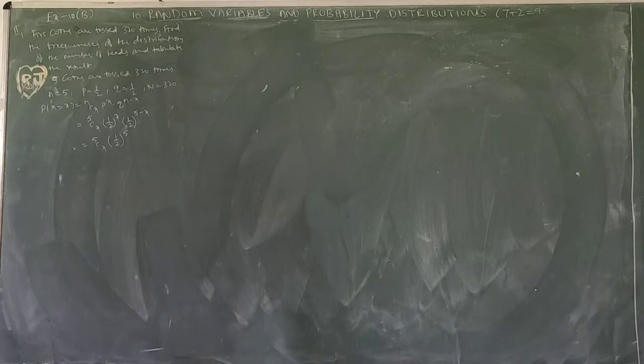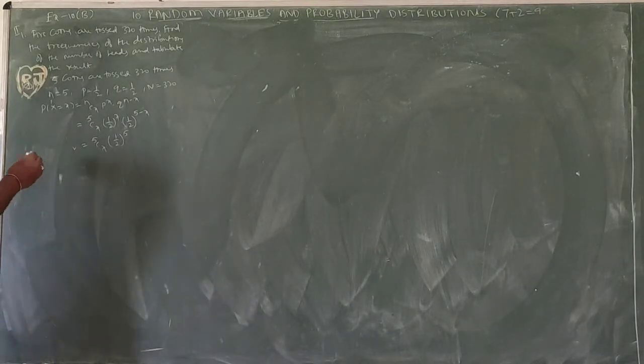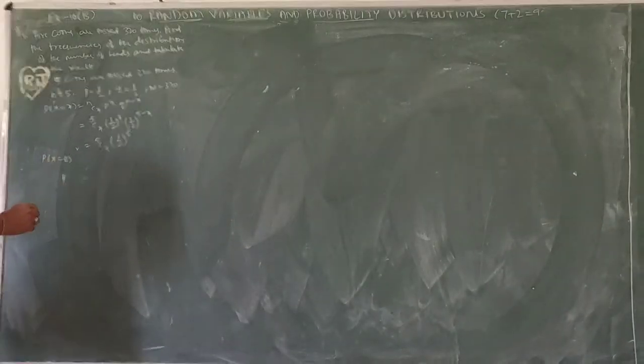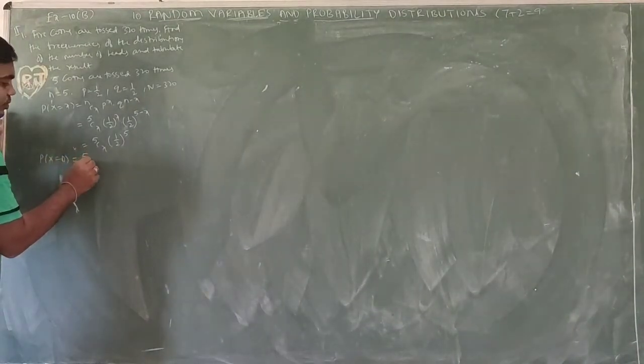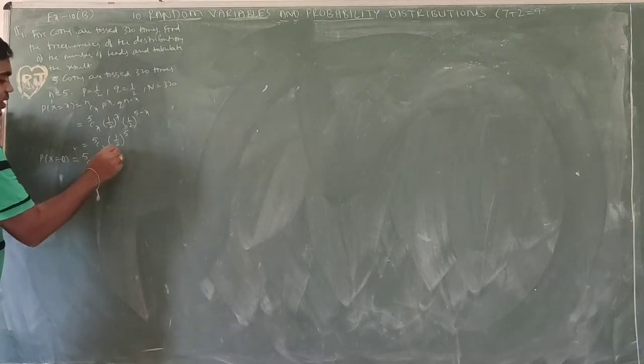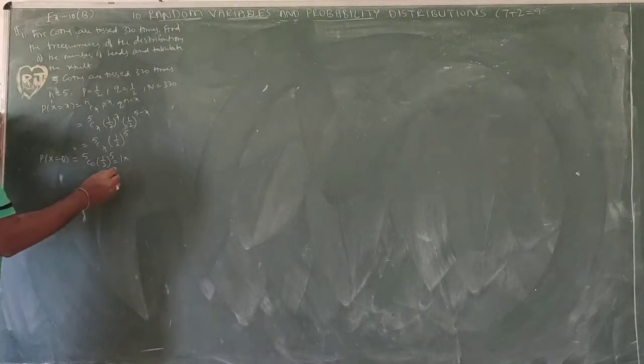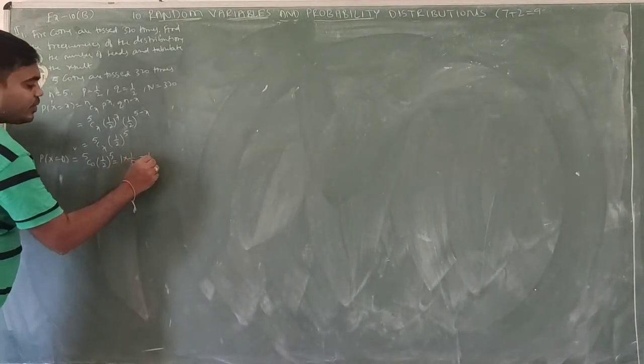Now we need P of x for x equal to 0, starting with 5 C 0 (1 by 2) power 5. 5 C 0 value is 1, so 1 by 32.